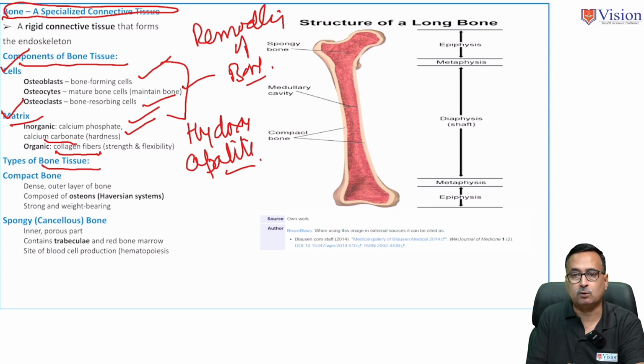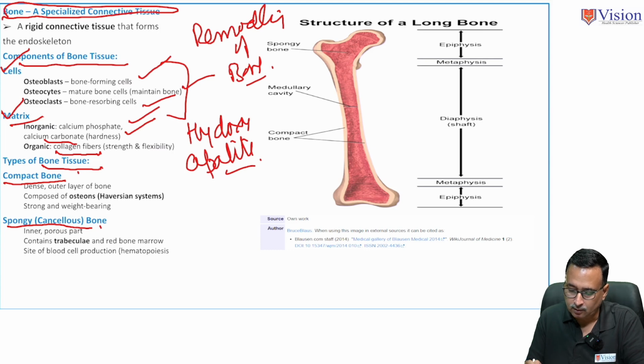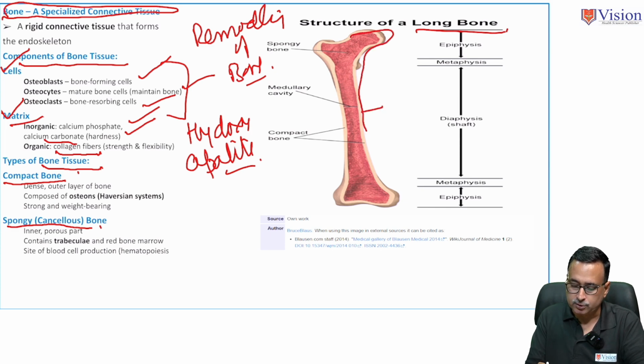Now regarding types of bone. Bones are of two types. One is compact bone, another is spongy bone. Let's see in this diagram. It's a diagram of a long bone. The outer part of this long bone in yellow color constitutes compact bone.